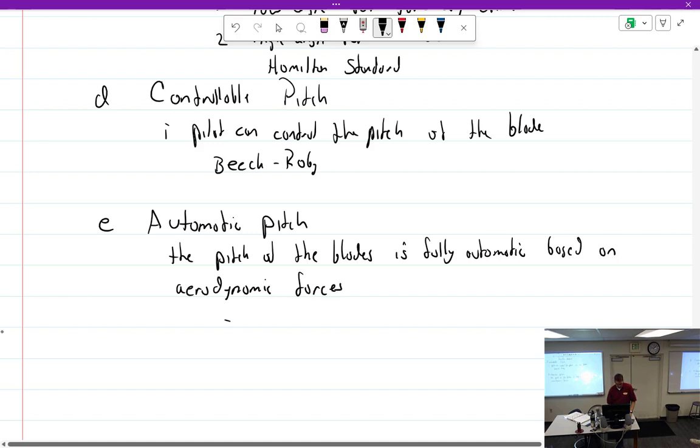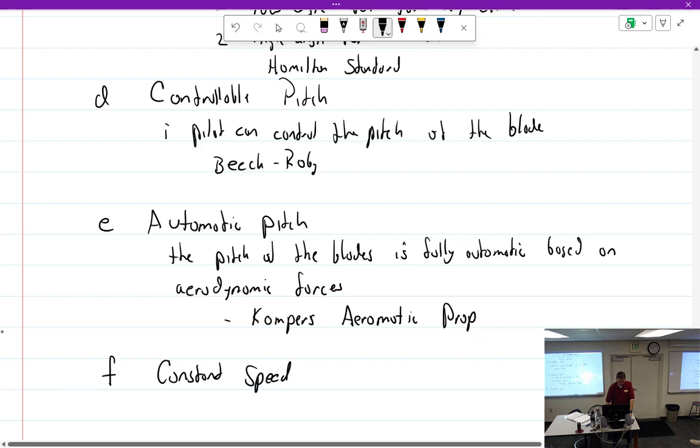And that prop was the Koppers. I don't have that written. Koppers, Koppers. I may be off on that. Koppers Aeromatic. That's got to be an intricate system. We'll get into it. With you talking about centrifugal and aerodynamic forces, that's got to overcome a lot.